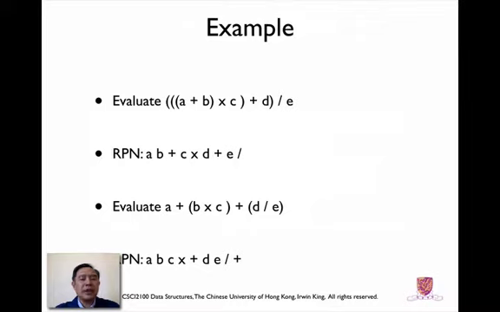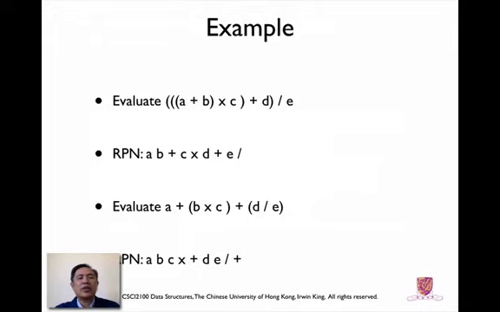Then when you push C and you do the multiplication, you would take the A plus B value and the C value and multiply them together. This is then pushed back to the stack. Then when you see an operand D, you will push that onto the stack. When you see operator plus, you will pop the two top values out, perform the operator, and then push the final result back to the stack.